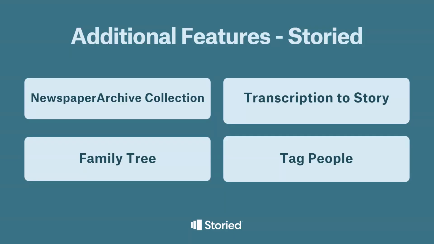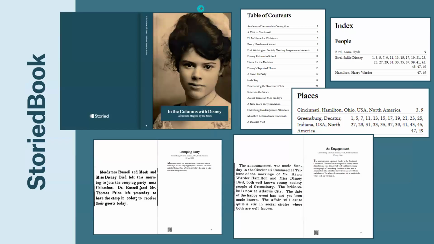But if I do that exact same clipping in Storied, it's going to transcribe that newspaper article for me, which is a winning moment for me. I love that. That's a pretty cool feature. You can also tie it to your family tree and tag people. Let me show you what that looks like.